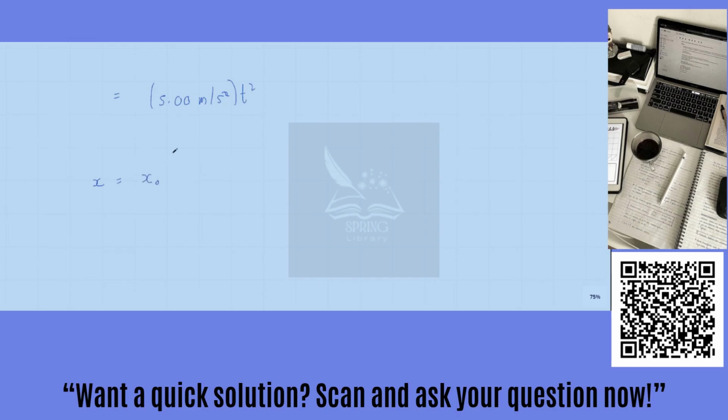Now we can do the same for the x position of the particle. So x is equal to x naught plus v naught x times (t minus t naught), plus a half a net, so the net acceleration along the x direction, times (t minus t naught) all squared, which is equal to, again, 0, since the initial position of the rocket is at 0, plus 0 for its initial velocity, plus a half times its horizontal acceleration, which is 20 meters per square second times t squared.